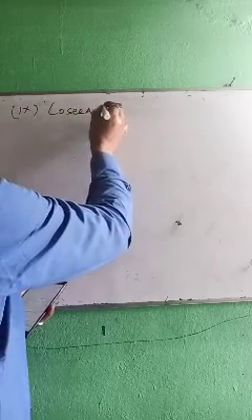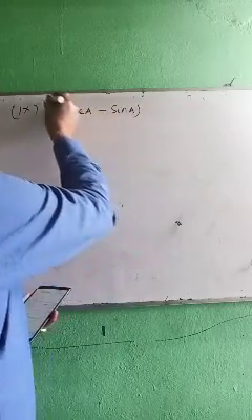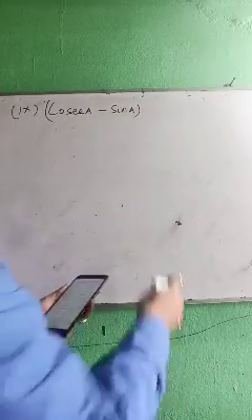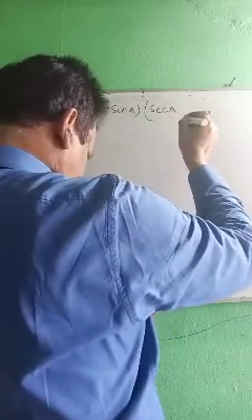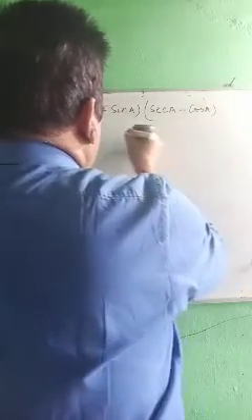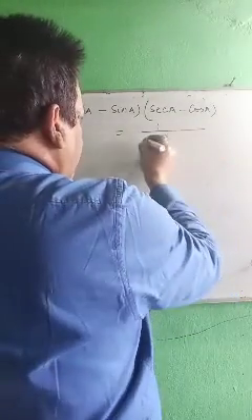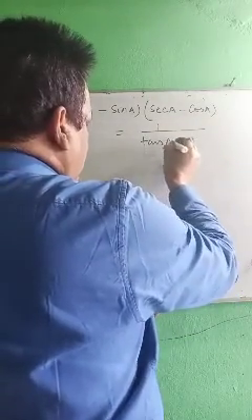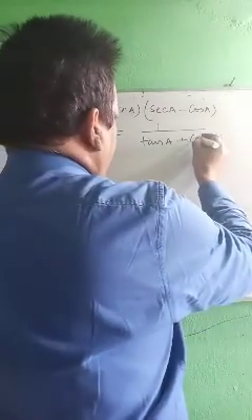(Cosec A minus sin A)(sec A minus cos A) equals to 1 by (tan A plus cot A).